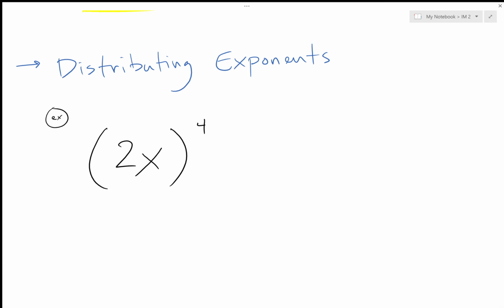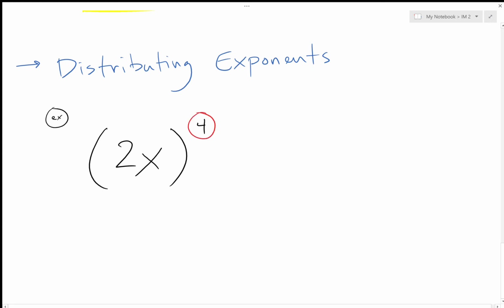We have a 4 outside of the parentheses and a 2x inside. Kind of like if we had a number in front, what would you do with that 4? You'd multiply it in. So let's do the same thing here, but we've got to apply that 4 to everything inside. The 4 is an exponent.